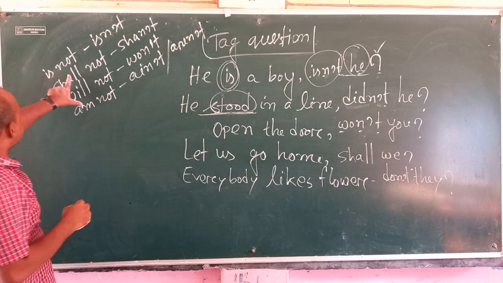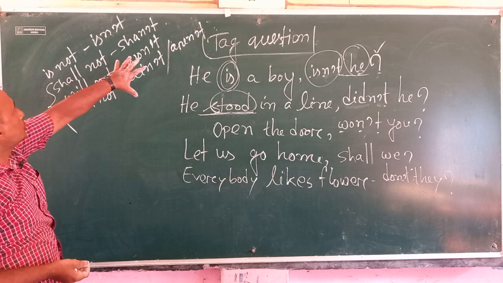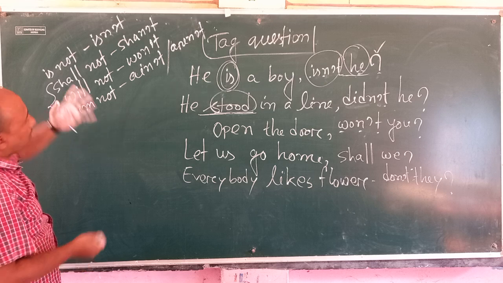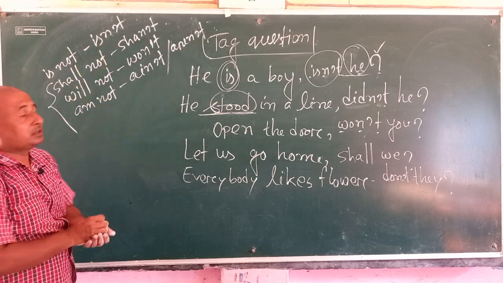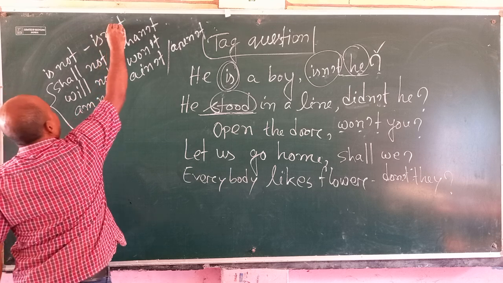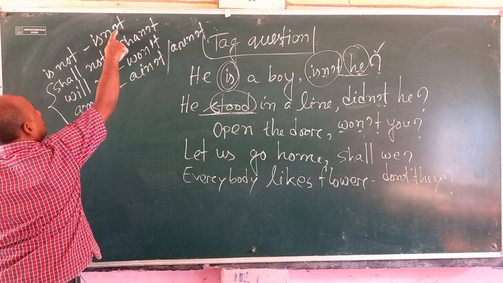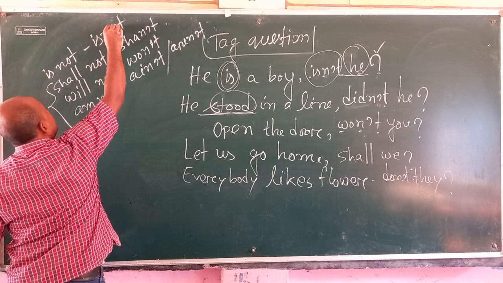There are some exceptions to adding not in short form at the end of the auxiliary verb, but others are general, like is not, isn't, where we must not write o, and for o we have used an apostrophe.